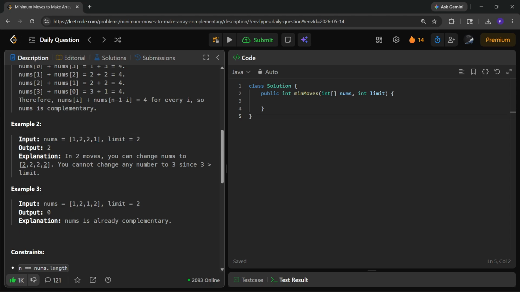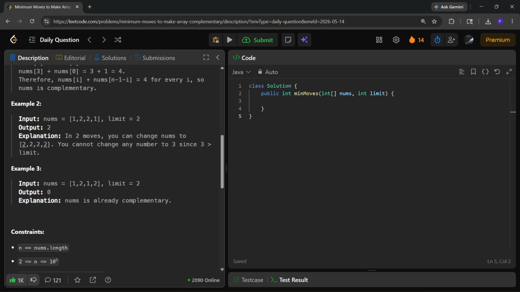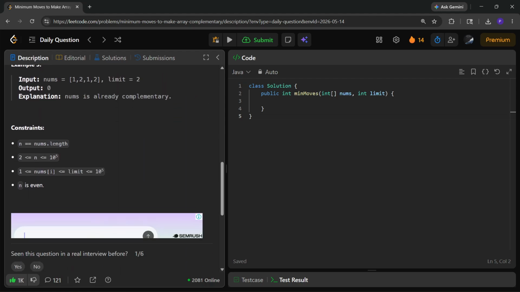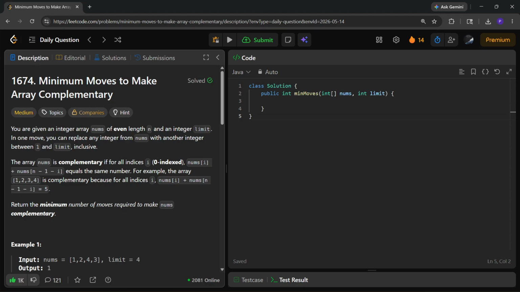So then we have to convert the first and the last number to 2. That's what I do. 2 plus 1 is 3, 1 plus 2 is 3, 2 plus 1 is 3. N is even to ensure that we can check for the complementary indexes.